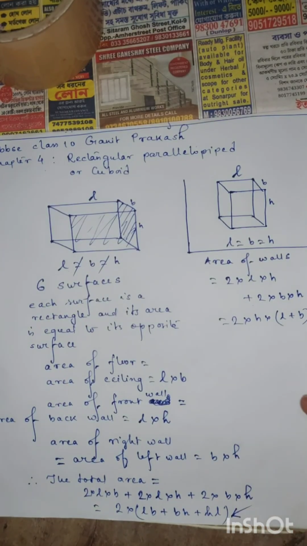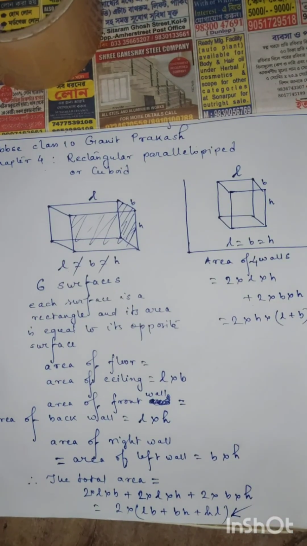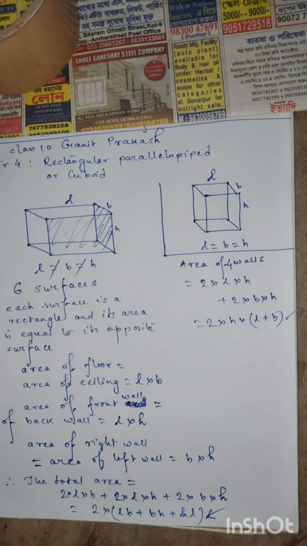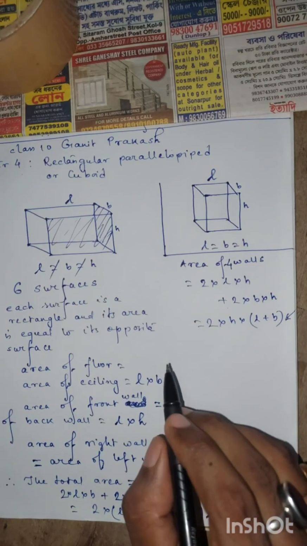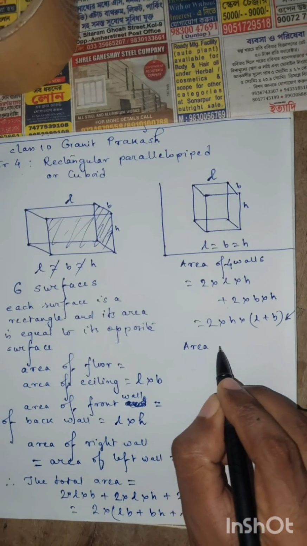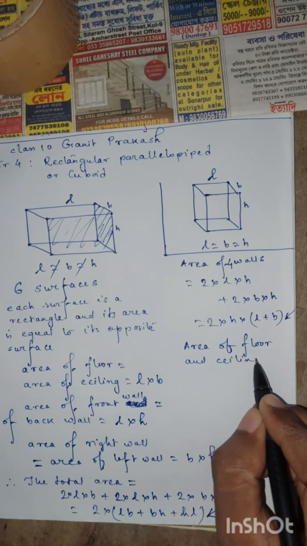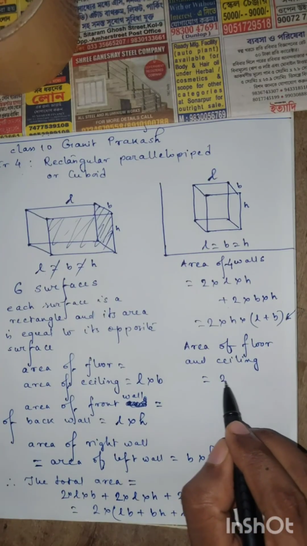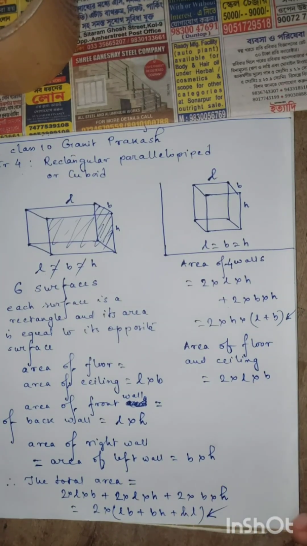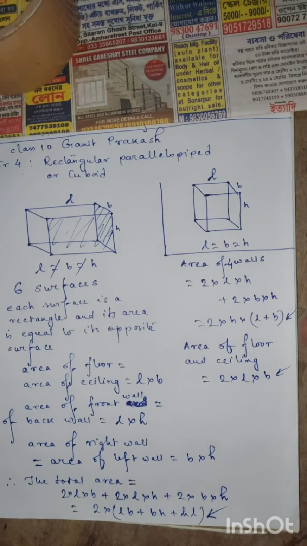So this is the area of 4 walls. If the question says area of floor and ceiling, it is equal to 2 into L into B. Okay, so these are our 3 formulae.